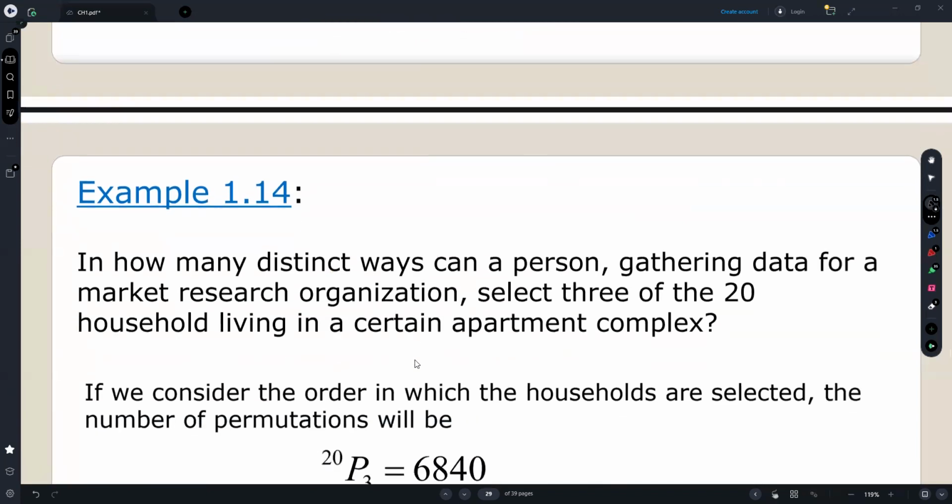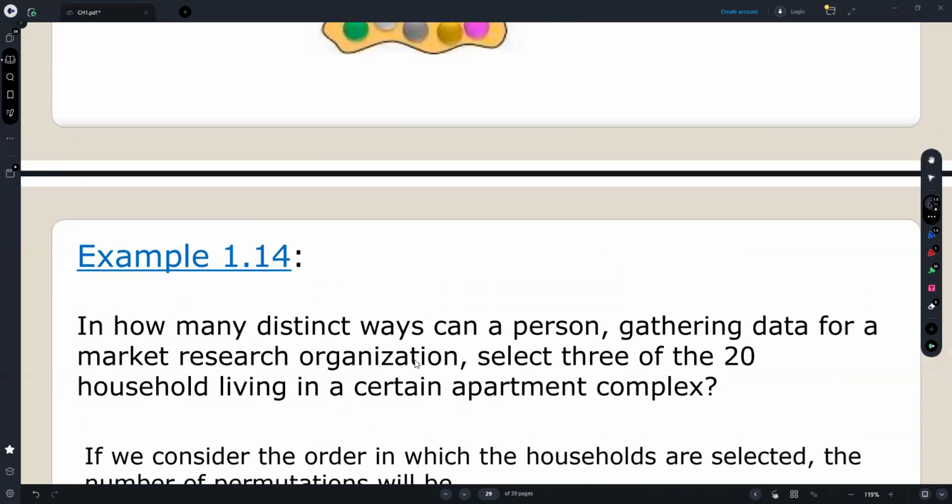Now think about this example. Let's try to extend the idea of permutation into combinations. In this example, you have to find how many distinct ways, that means how many different ways, a person can gather data for a market research.